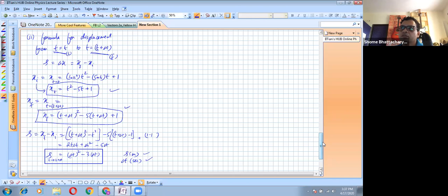So I have taken this whole term, and from that I've subtracted this. Effectively it is like this: t plus delta t square minus 5 times t plus delta t plus 1, this whole thing minus of t square minus 5t plus 1. This is what I've done in this step.